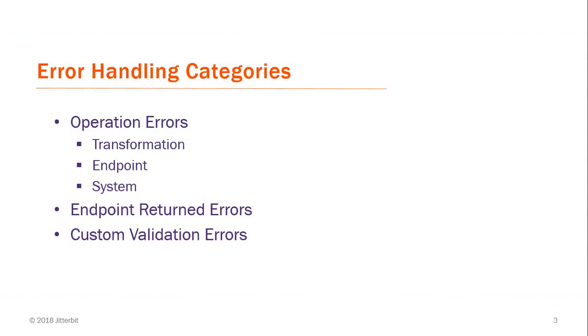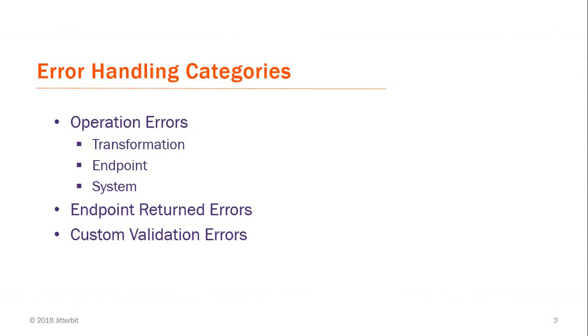Things like that. Those all can cause operation errors. The great thing in Jitterbit, though, is that these operation errors, and we'll talk about this in one of the five best practices that we're going to cover today, can be handled typically fairly easy with an error notification.